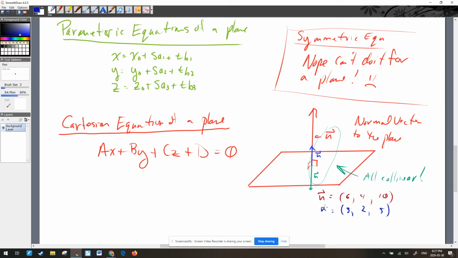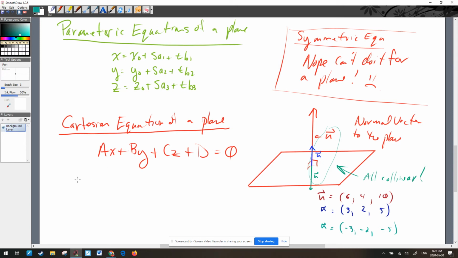They are scalar multiples of each other. And then that mint green one there, maybe it's the opposite direction and about the same length as the blue one. So maybe it's -3, -2, -5. Those are all scalar multiples of one another, meaning they are all collinear. They are all normal to this plane.